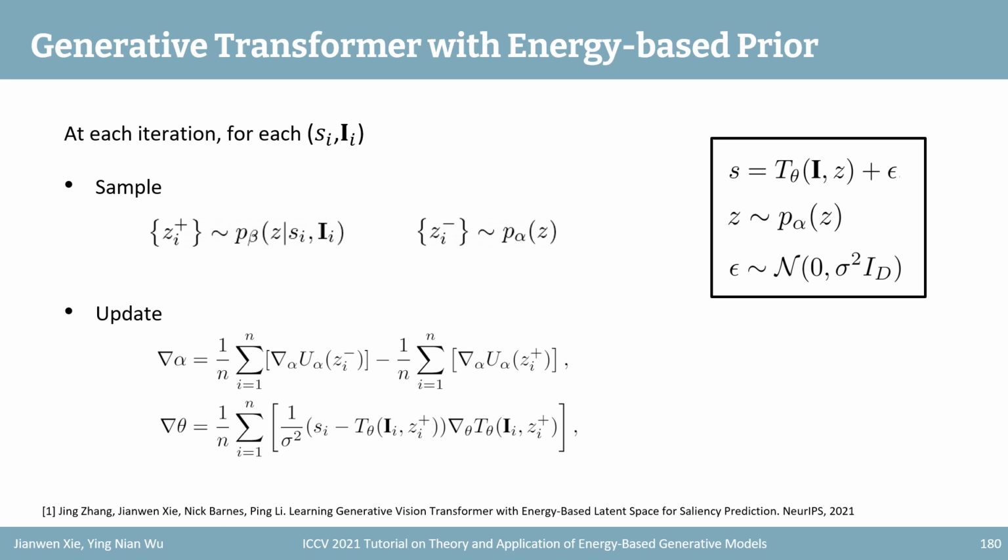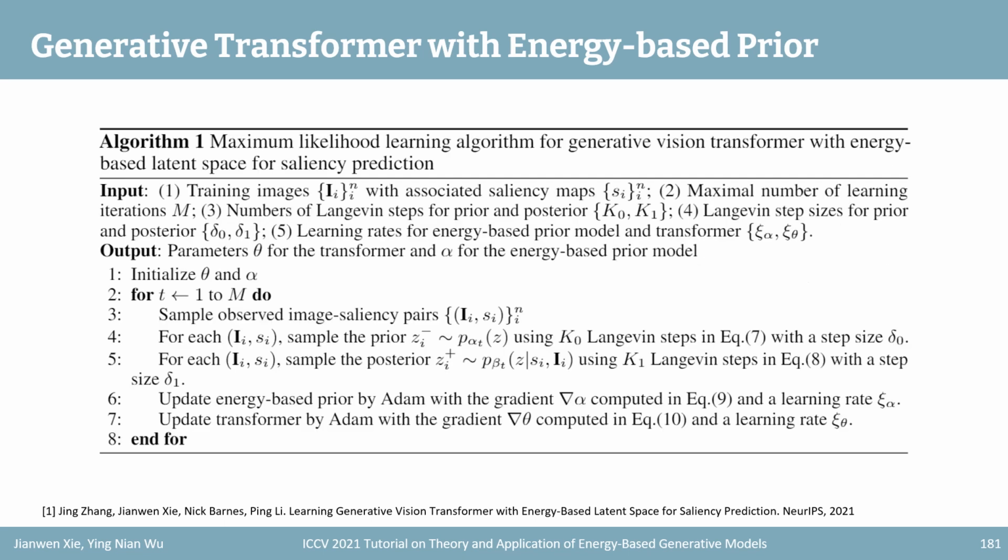The gradients of alpha and theta can be computed with S, I, z+, and z-. The parameters can be updated by using the Adam optimizer. We present the full learning and sampling algorithm of the model in Algorithm 1.